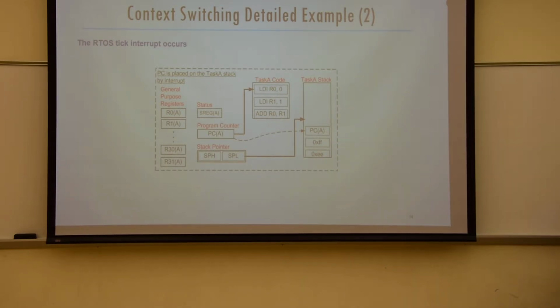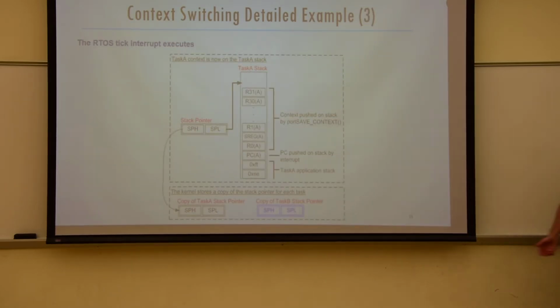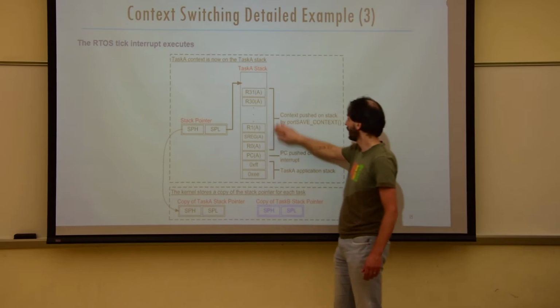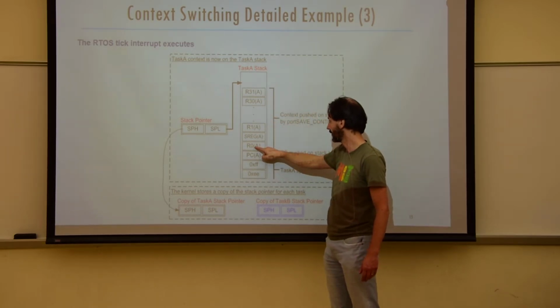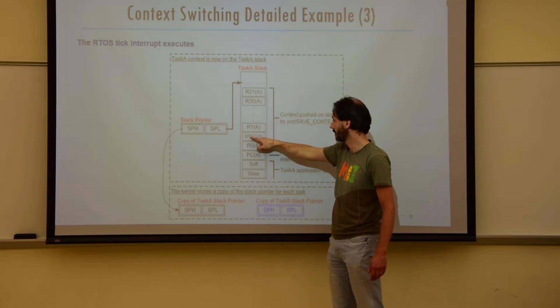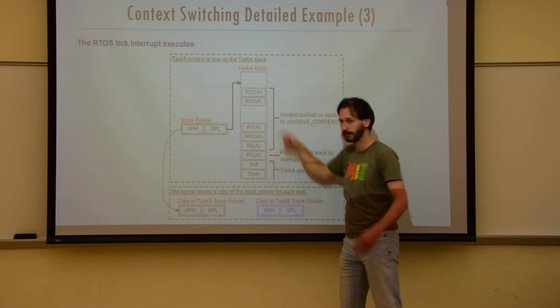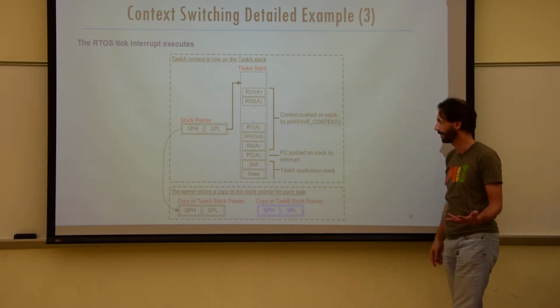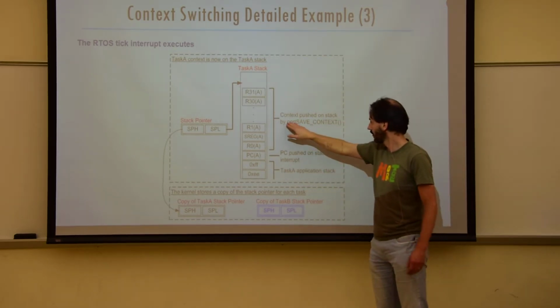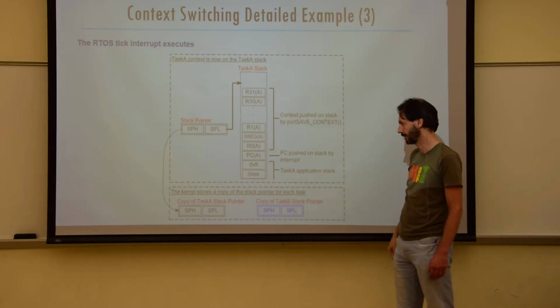And after that, we want to put on the whole context. That is going to be your registers R0, R1 up to R31, plus the status register. This is the context that you now need to code up separately, and we are going to do that in what we call the port save context functionality. We'll talk about it in a moment.